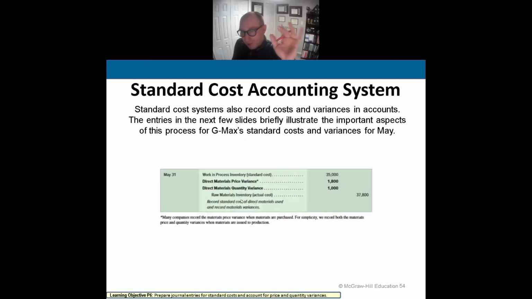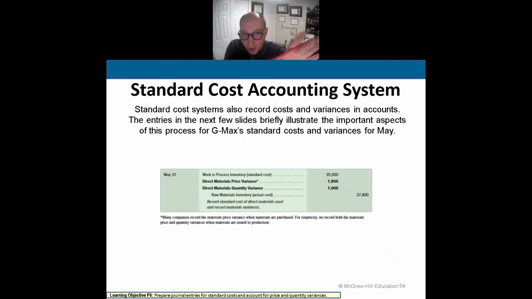Now, when there are variances, there are a couple of journal entries that we have to make at the end of the accounting period. Just as we normally would with any adjusting journal entries, we have to make journal entries for those variances. In this example, we debit work in process inventory, debit direct materials variance, debit direct materials quantity variance, and then credit raw materials inventory.